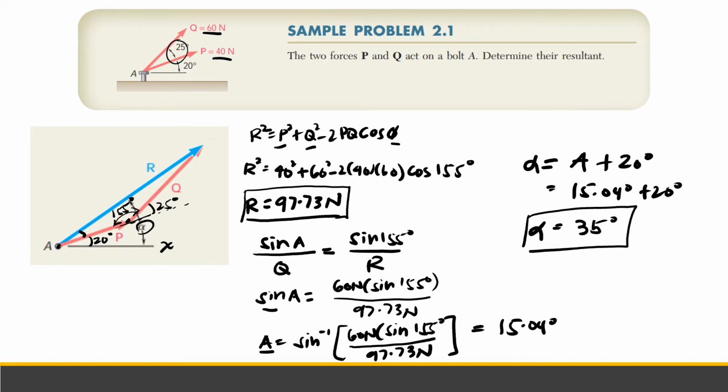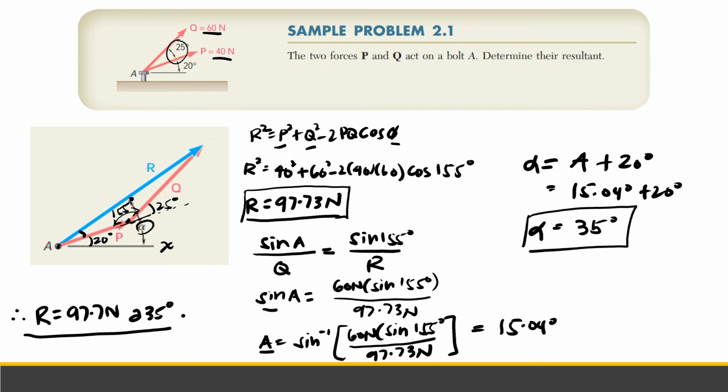In solving the resultant, it is important to also solve its angle, or its direction. So they are like a pair. You can say that R is equal to 97.7 Newton at 35 degrees.